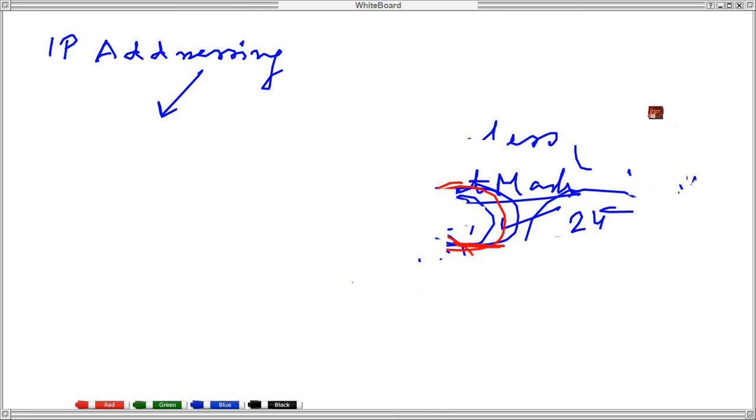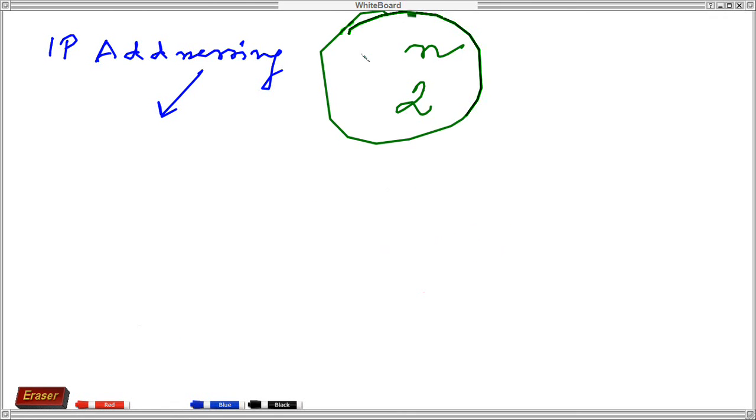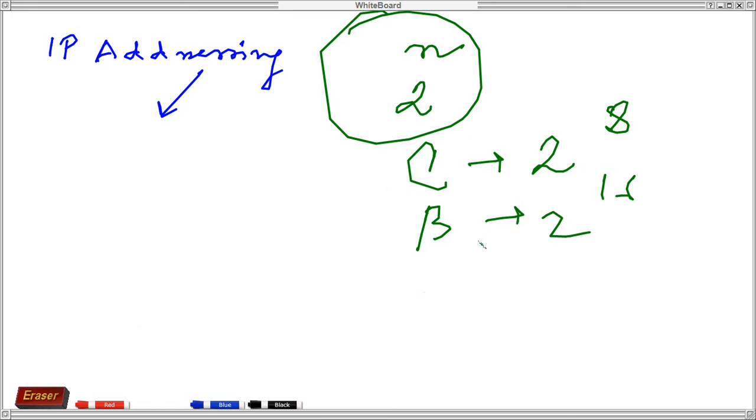Now there is one more little constraint in selecting IP addressing: the block size should be in the order of 2 to the power n. In this case, when it is class C it has to be 2 to the power 8. In case of class B it has to be 2 to the power 16. In class A it is 2 to the power 24.